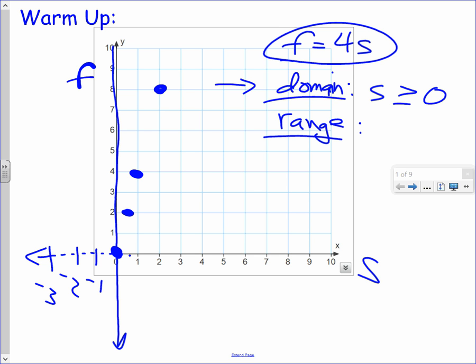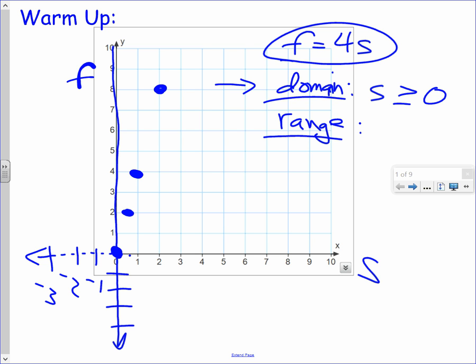So if I stole Vega's purse, pretend, let me just pretend, if I run this way, that's still a positive distance. Let me take her backpack. If I run this way, that's still a positive distance. No matter which way I run, it's still positive distance. So negative feet makes no sense in this situation.